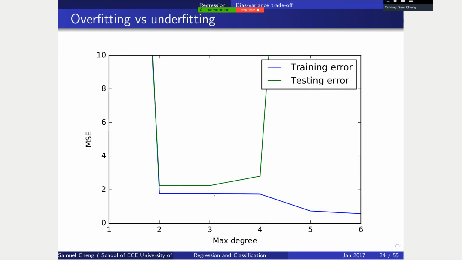This is the same thing: when I increase the capacity of the model, my training error always goes down, but the testing error doesn't necessarily go down, and sometimes it goes back up. So that's, as he just mentioned, overfitting.